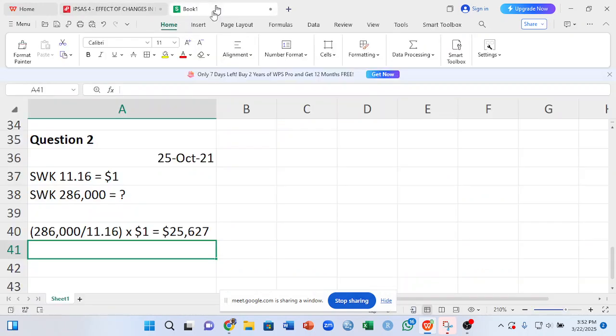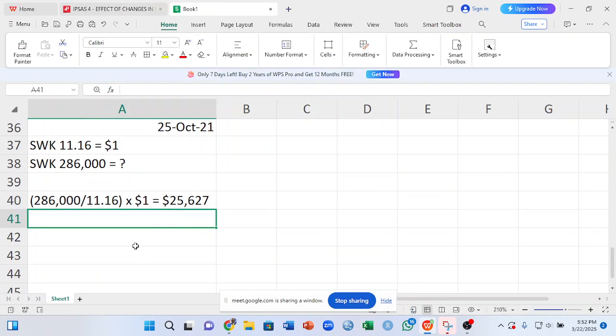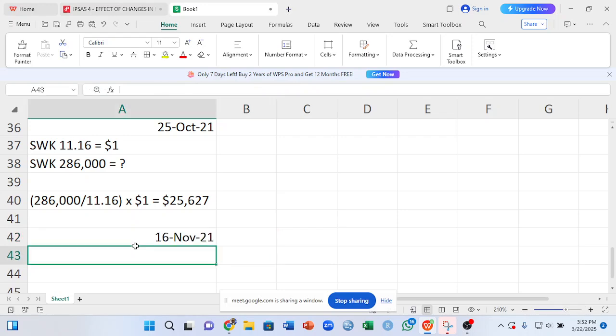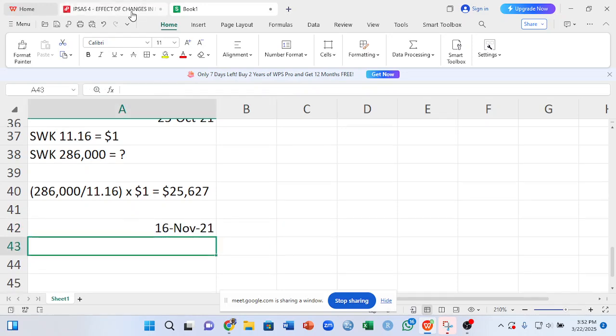So we come here, 16th November 2021. What was the exchange rate at this date?